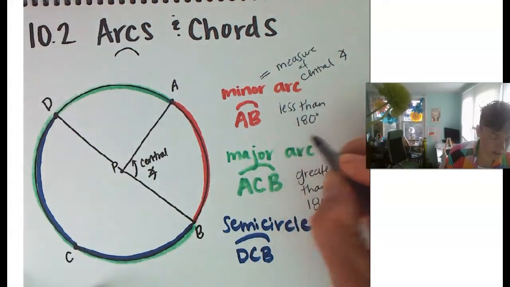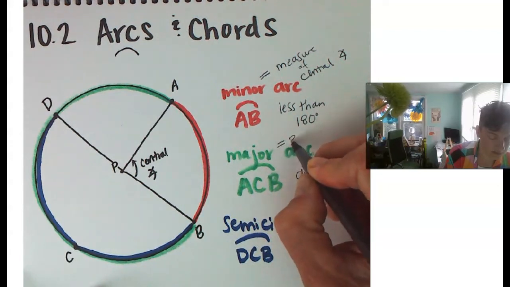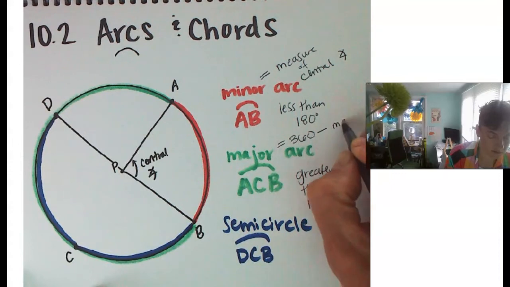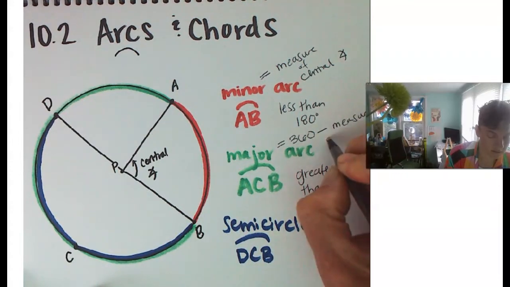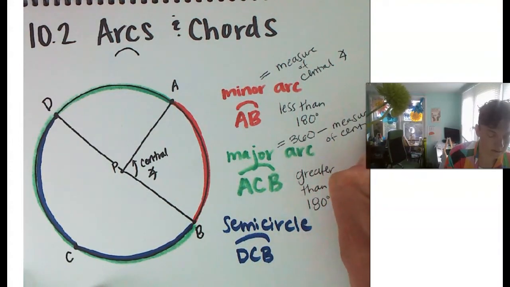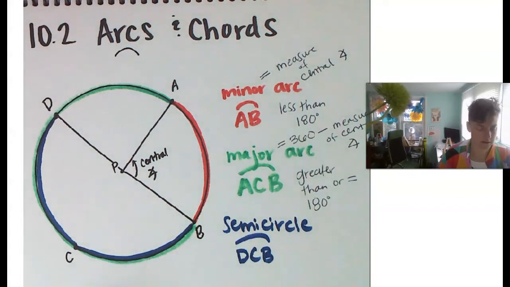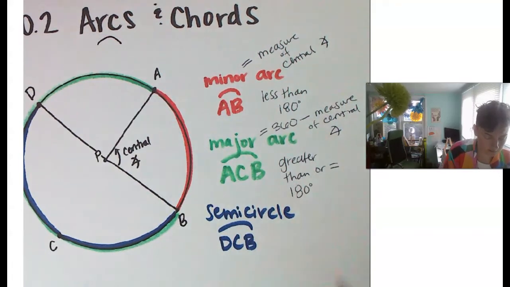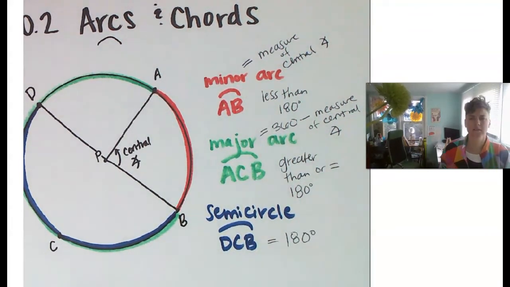So a major arc equals 360 minus the measure of the central angle. Keep running off my page here. Sorry about that. And then a semicircle is exactly 180 degrees. Okay, so let's do some examples finding some measures of some arcs.